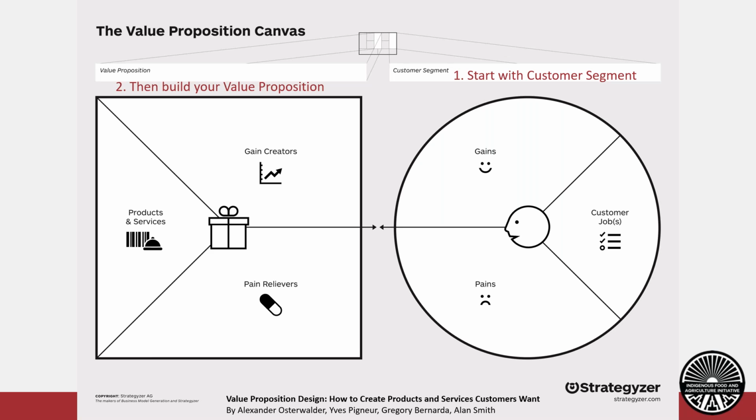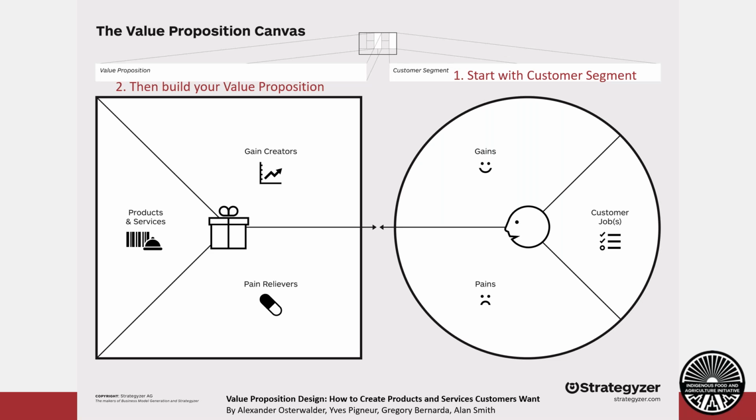What would make them happy? Something that's convenient, that's easy, that's healthy. That would make that customer happy to feed their children. Pains, something that makes it difficult for them to get that job done would be, it takes time to go to the grocery store. It takes money to go to the grocery store. It takes time and energy to cook.